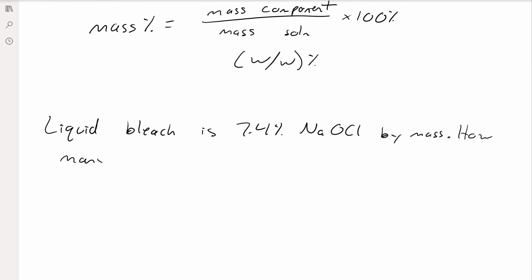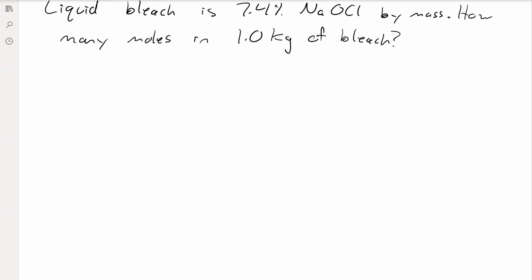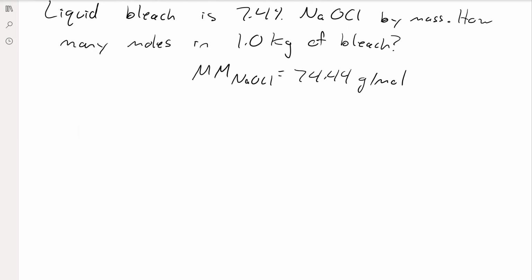How many moles of NaOCl are in 1.0 kilograms of bleach? And then we're told that the molar mass of the sodium hypochlorite is 74.44 grams per mole. So again, pause the video, try it yourself, see how it goes.